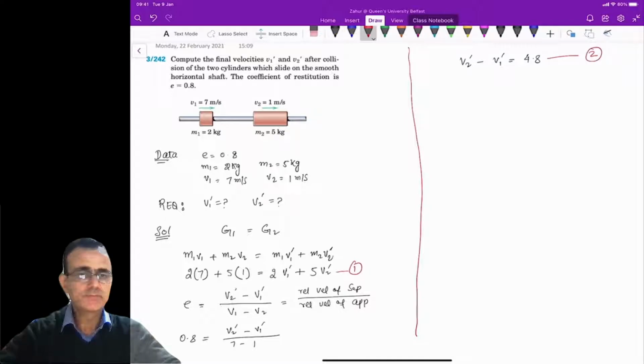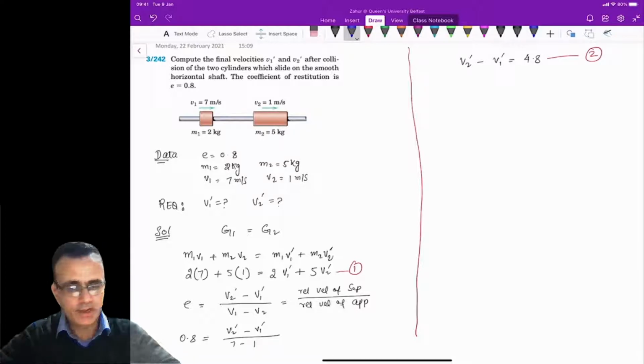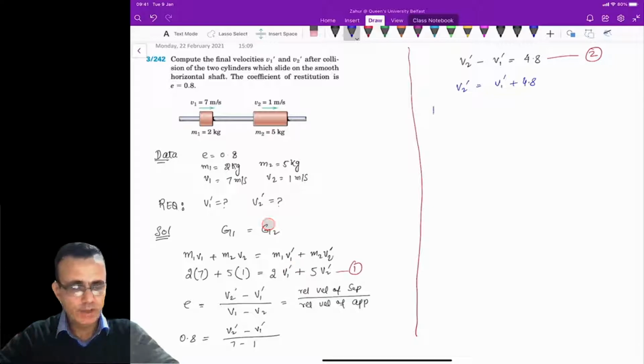Now from equation 2, what we can write is that v2 dash becomes equal to v1 dash plus 4.8, and now we can put this v2 dash in equation 1 here.